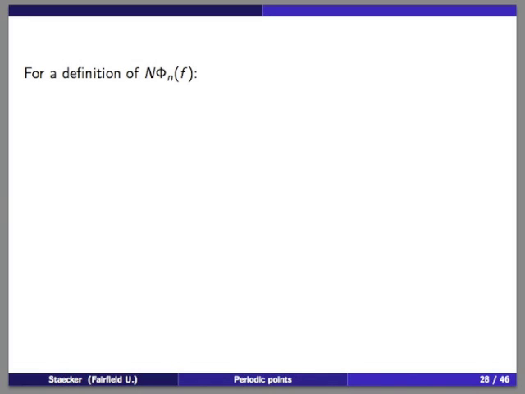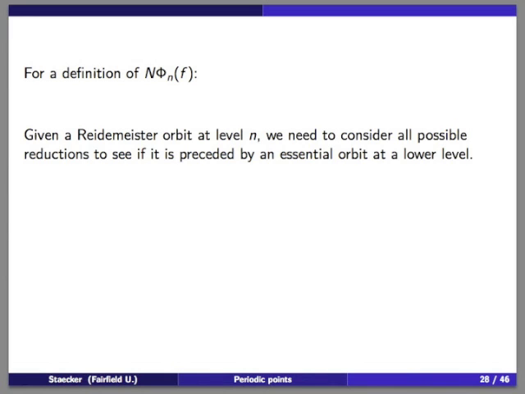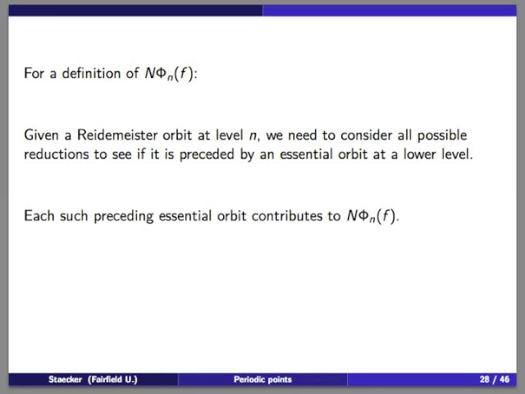So in order to make a good definition here, given a Reidemeister orbit at level n, this is what I just said, we need to consider all possible reductions into the lower levels to see if it is ever preceded by an essential orbit from a lower level. All right, and if it is, then we need to make sure our invariant counts the lower levels also.